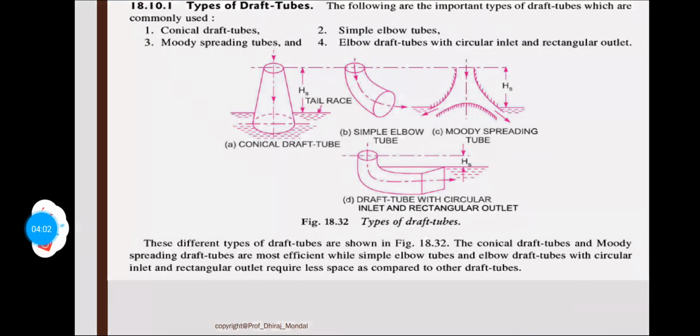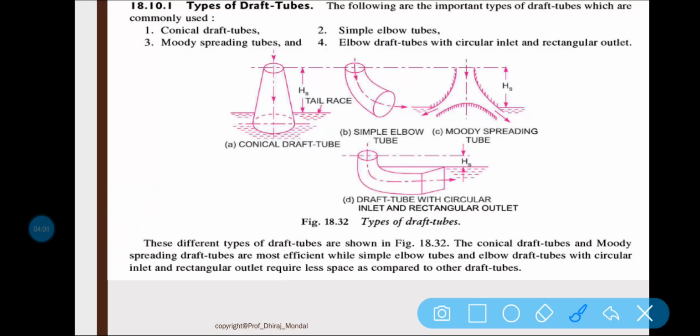Types of draft tube: there are mainly four types. Conical draft tube, simple elbow draft tube, Moody spreading tube, and elbow draft tube with circular inlet and rectangular outlet. Very important.